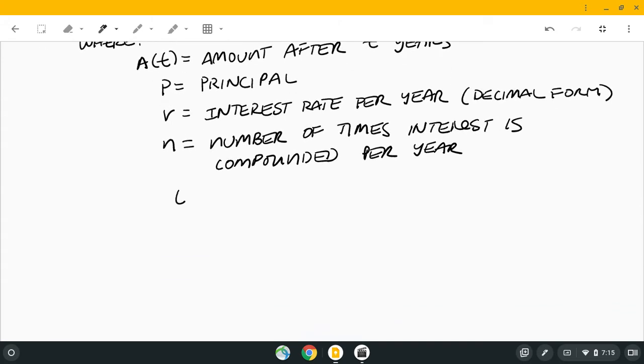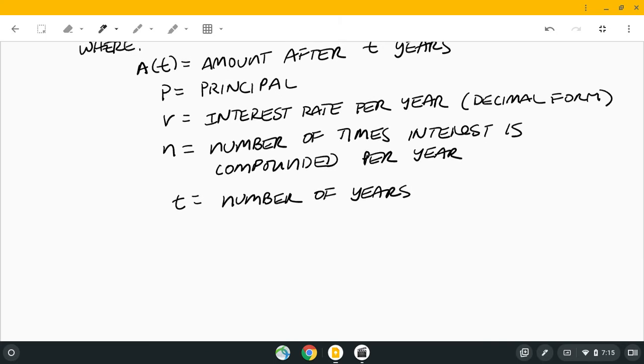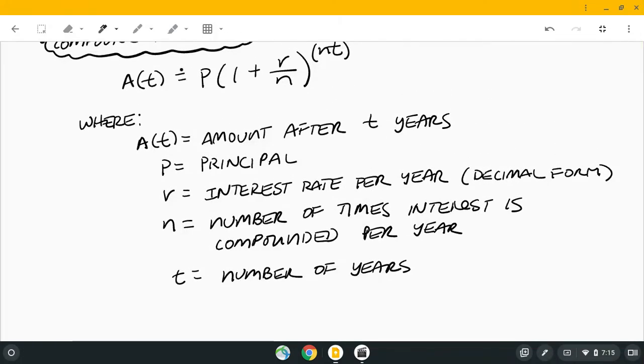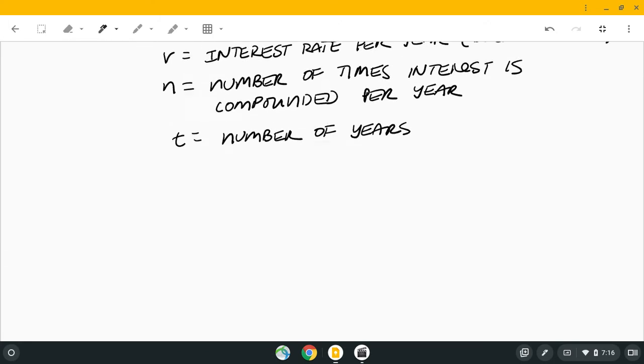And t equals the number of years, time. So, final amount, initial amount, principal. R is your interest rate. N is the number of times your interest is being compounded in that year. T is your time in years. All right, so let's take a look at calculating.